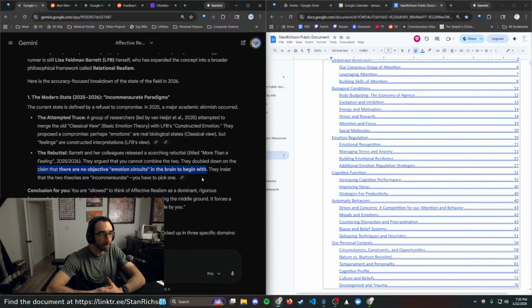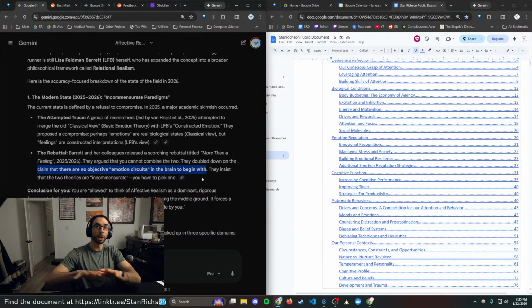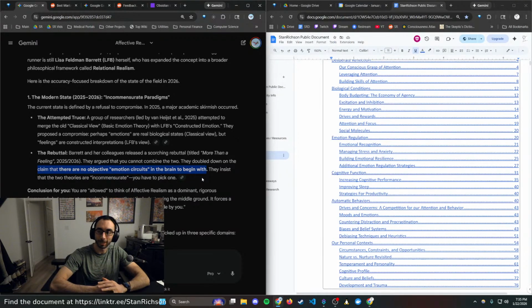The tricky part is that there are circuits that deal with releasing neuromodulators that affect what we feel in a very distributed way, and the question is, where is the emotion there? It's almost like asking where is consciousness? You'd have to point to a distributed system, a network of activity.